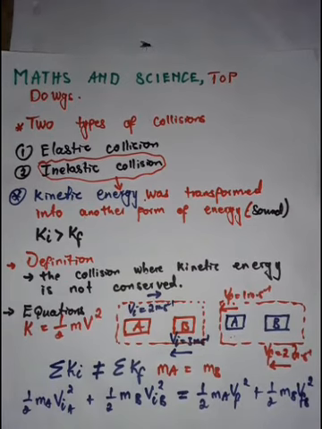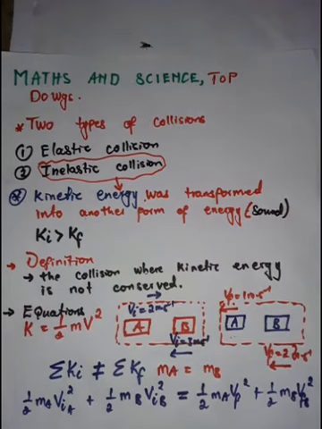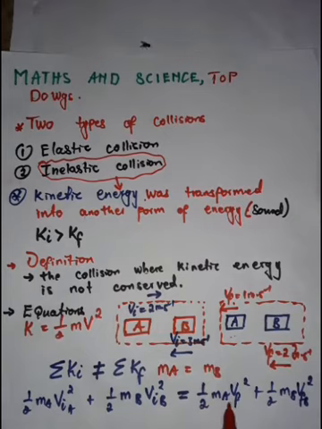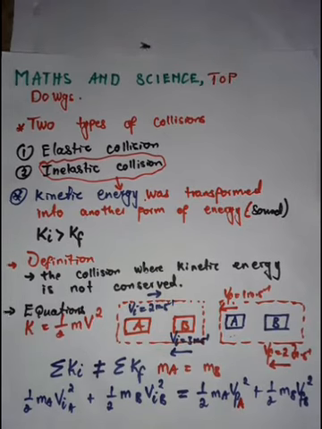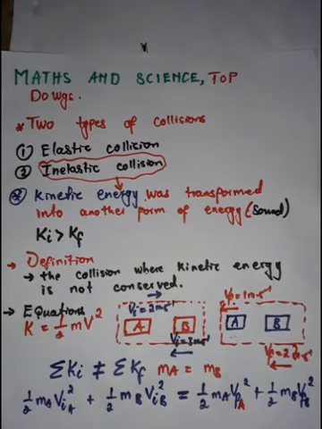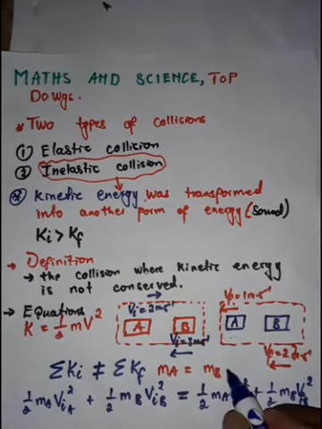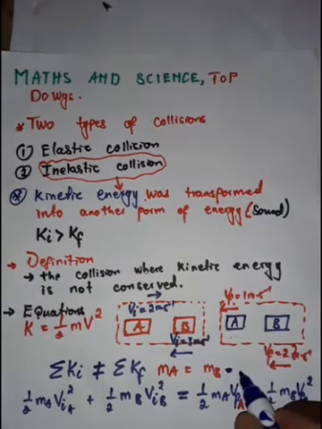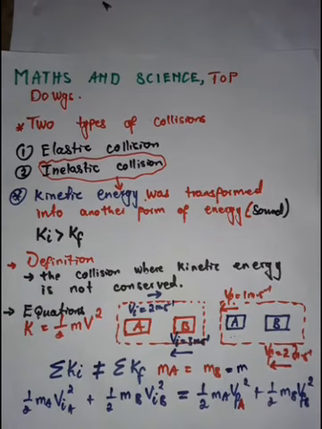The equation for the initial is given by 1/2 m_A v_initial A squared plus 1/2 m_B v_initial B squared, which is equal to 1/2 m_A v_final A squared plus 1/2 m_B v_final B squared. Since the mass of A is equal to the mass of B, we can say it is equal to m.